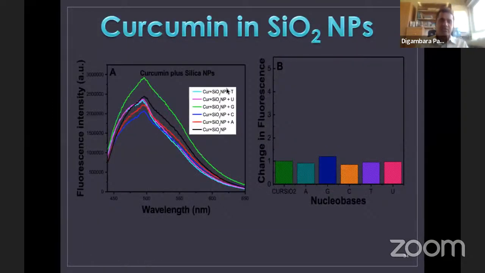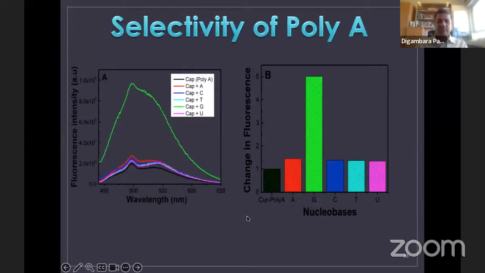For instance, curcumin alone is not selective; it increases only very slightly for guanine. And if you have curcumin with silica, the signal change is almost negligible. But if you change to nanocapsules like we have prepared in the presence of curcumin, the signal for guanine is 5-fold enhanced, whereas other nucleobases are not affected.